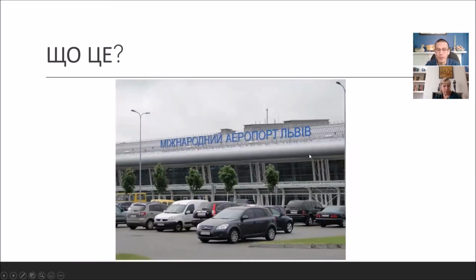Now let's go further. You can see three words here. I would like you to read the one in the middle and tell me what it is. Yeah, the one right in the middle. Okay. Oh, a lot of people here know what it is. Very well. As someone said, it means International Airport Lviv.